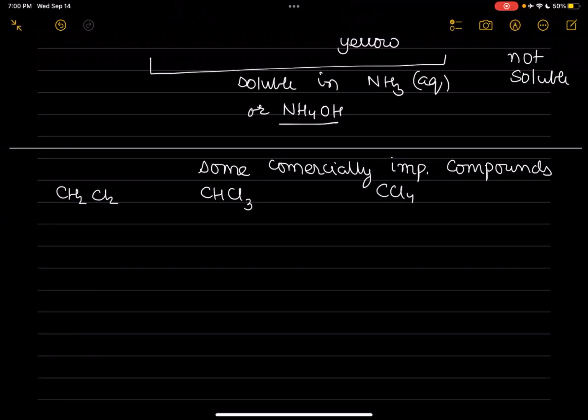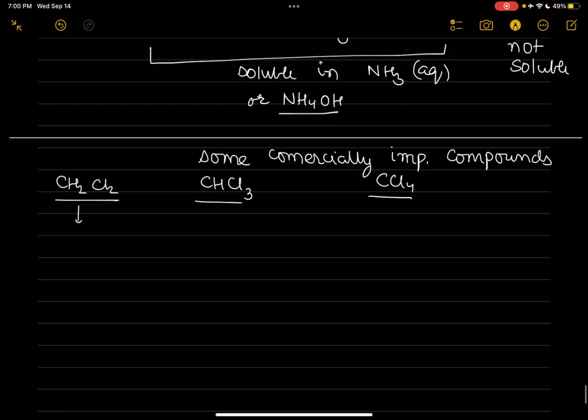What's the name of these compounds? Tell me quickly. Common name and IUPAC name.